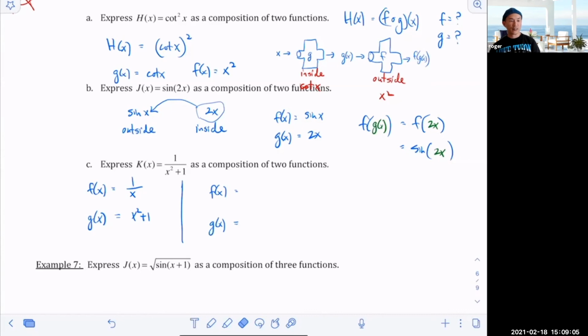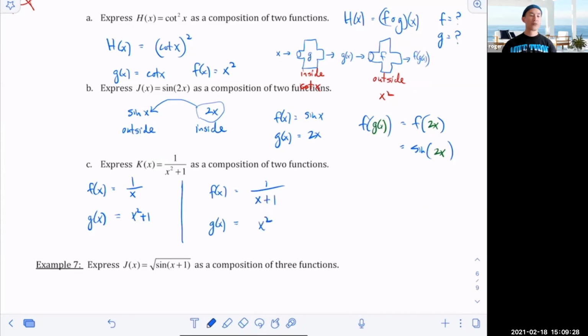I think Ji-Jun and Catherine have good answers. Both of them said the same thing, which is the outside function is 1 over x, and the inside function is x squared plus 1. In order to achieve the function, we can replace that x with an x squared plus 1.